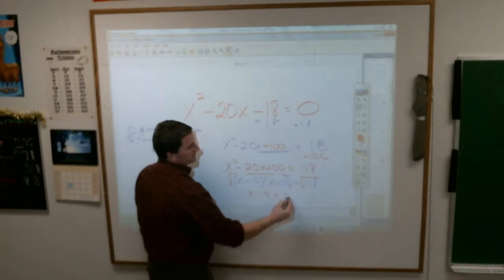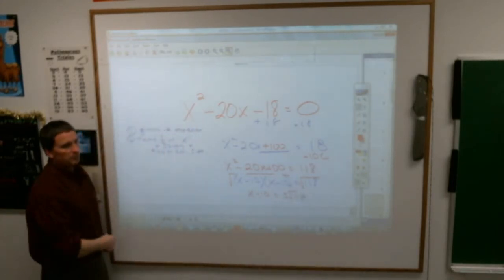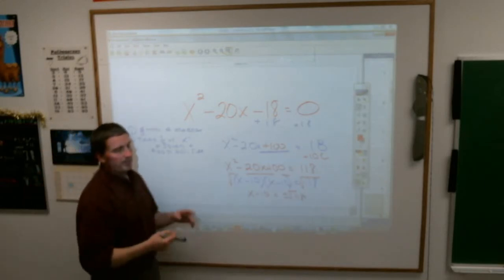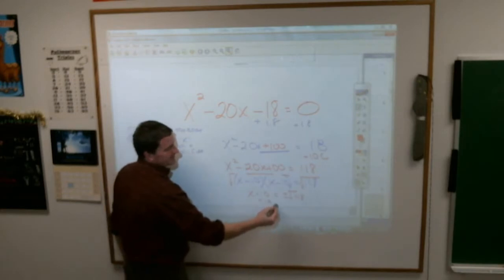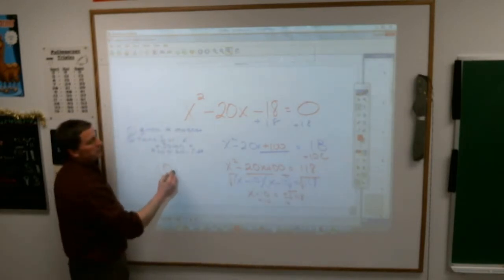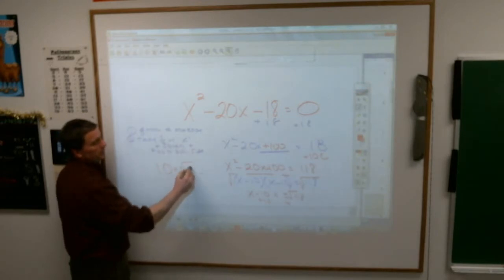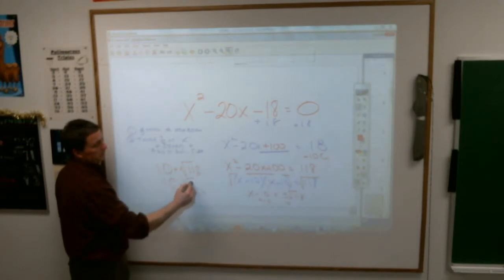It's plus or minus the square root of 118. It doesn't break down. 2 times 59 doesn't break down anymore, so that's it. What are my two answers going to be? Now I need to get rid of the 10 by adding it to this side, so I get 10 plus the square root of 118 and 10 minus the square root of 118.